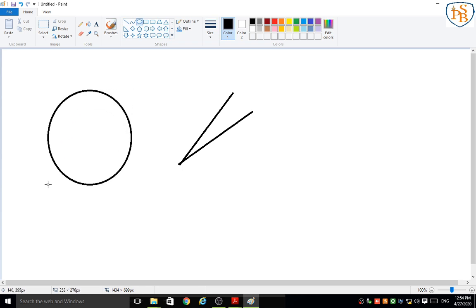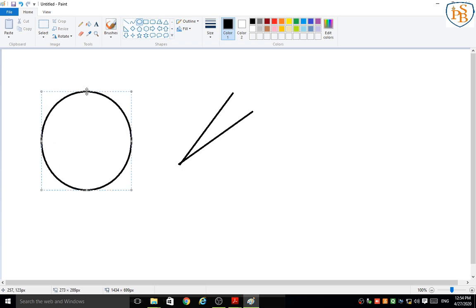Otherwise, you can draw one circle, like this, as your watch, with your number 12 over here, 12, 6, 3 and 9. Suppose this is your angle of 1 and 2. 1, 2, 3, 4, 5, 6.